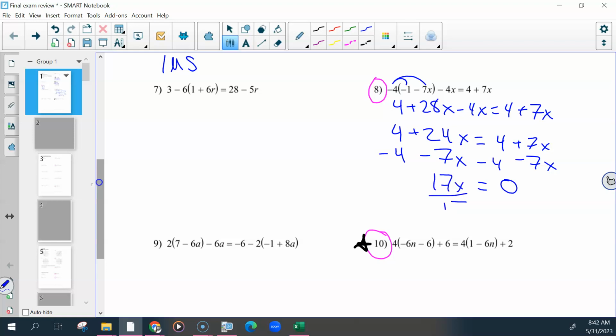And then divide. So if you get something equals 0, that doesn't mean you stop, keep going. 0 can be an answer. Is there ever like a no solution? Could be, if your variables cancel and you get two different numbers.